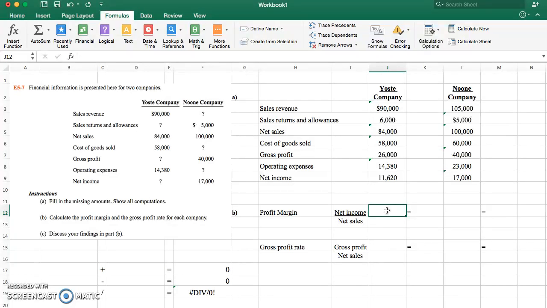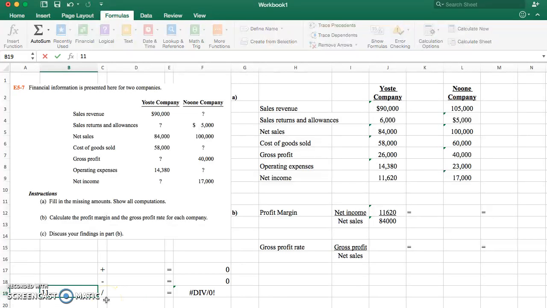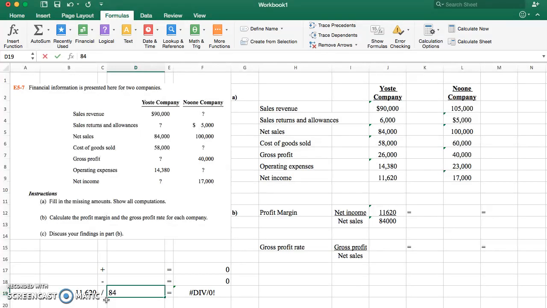We've got our net income for Yost Company of $11,620, and that would be divided by our net sales of $84,000. And we'll put our calculation down here of 11,620 divided by 84,000, which gives us a percentage of 14.